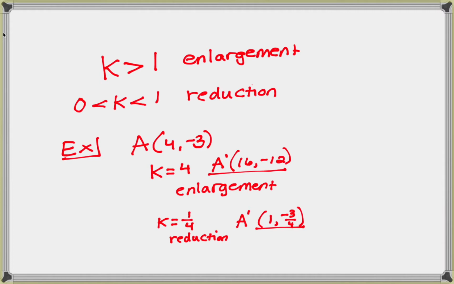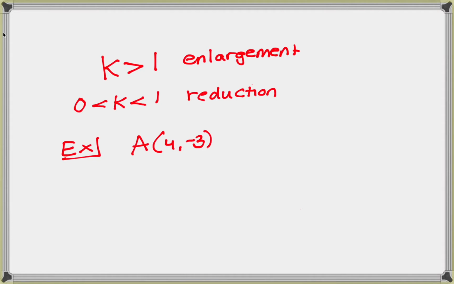Okay, so if your scale factor is larger than 1, we know that we're going to get an enlargement. If your scale factor is between 0 and 1, so some type of fraction, then it's going to be a reduction. What if my scale factor was 5/2? If K was equal to 5/2, is that greater than 1 or less than 1?